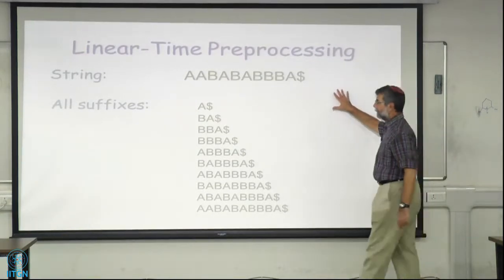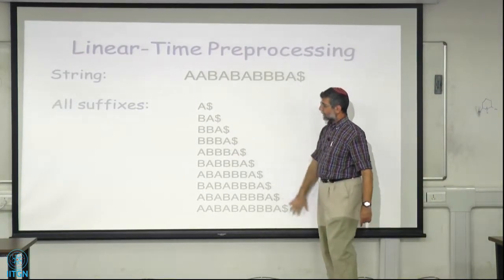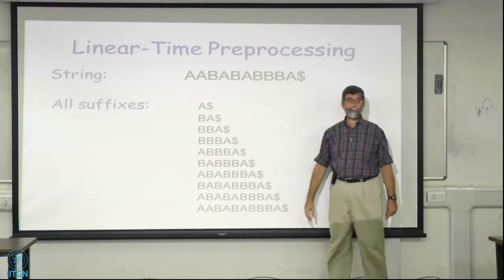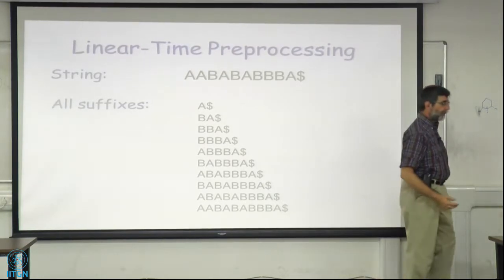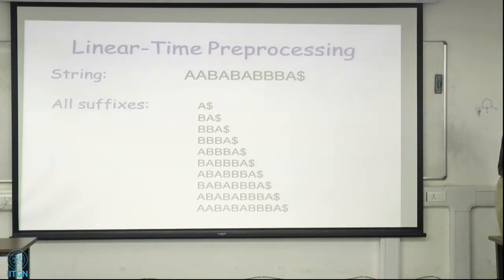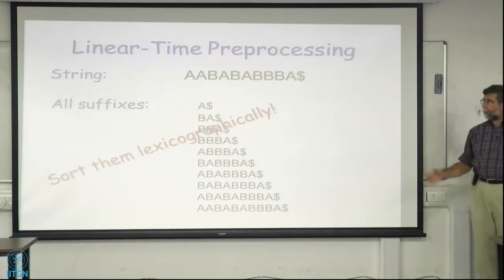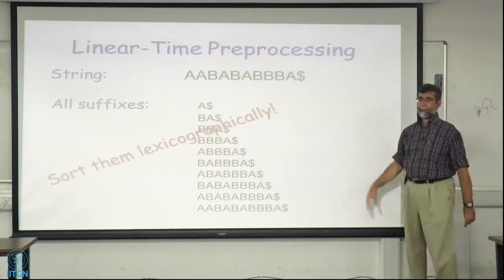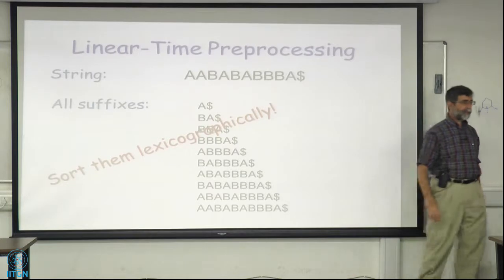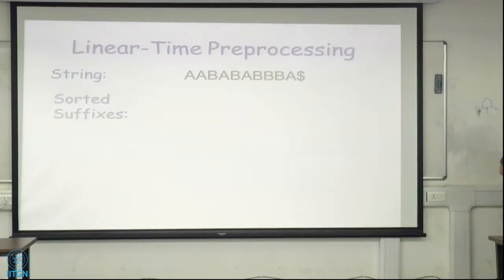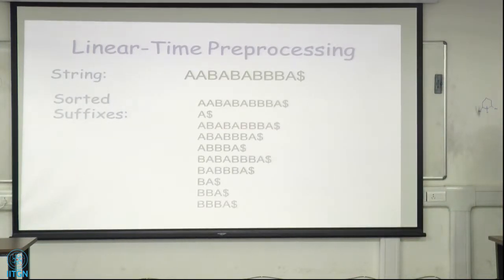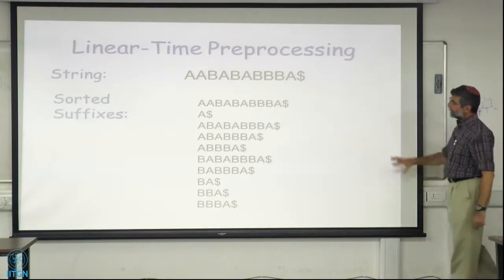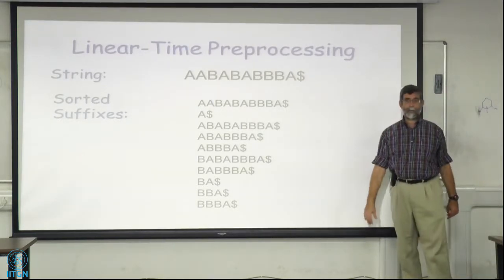Consider this string and look at all its suffixes. These are the suffixes of the string, except we're not going to build a suffix tree. What we want to do is sort these suffixes lexicographically. So let's sort them. These are all the suffixes, but they're sorted lexicographically.